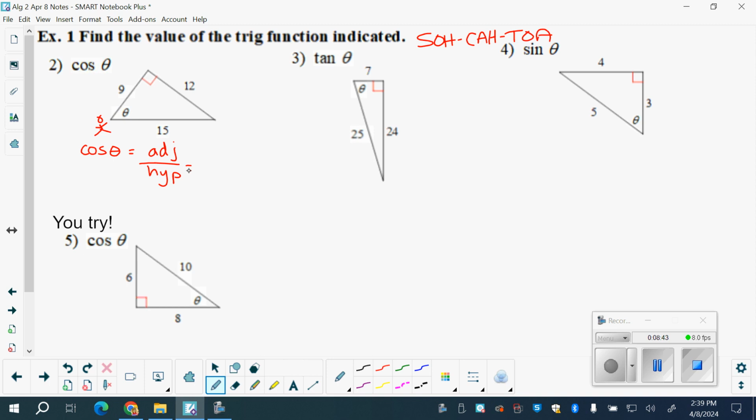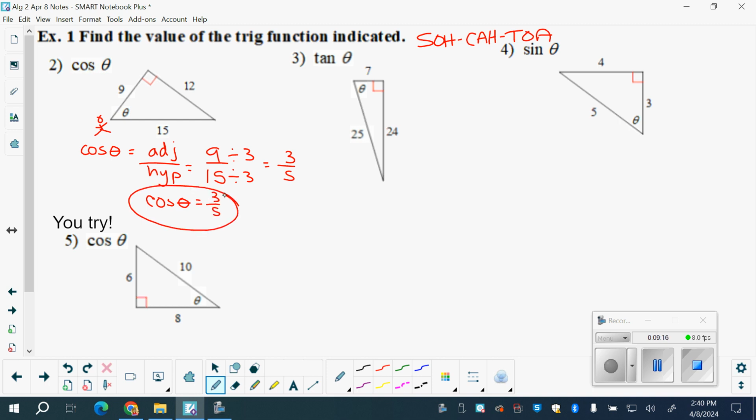And then the adjacent would be 9, and the hypotenuse 15. So what is that? Is this going to be our final answer, or are we going to simplify this? We want to simplify it. It simplifies. Divide by 3 on each. So this gives us 3/5. So cosine of theta is 3/5.